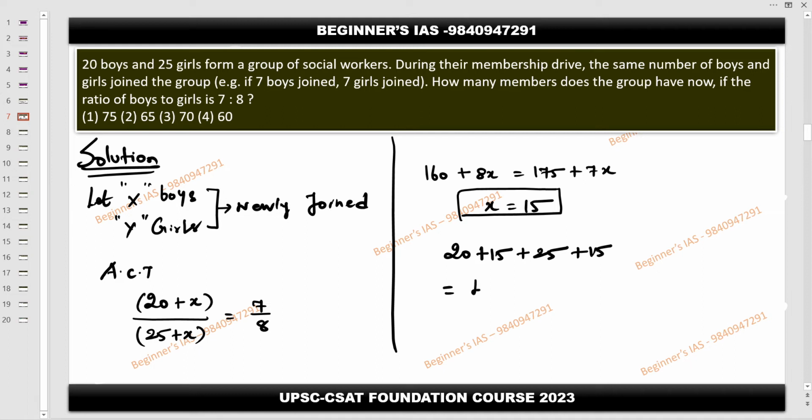So 45 plus 30, which is equal to 75. So therefore the answer for this question is option number A. So clear? Fine.